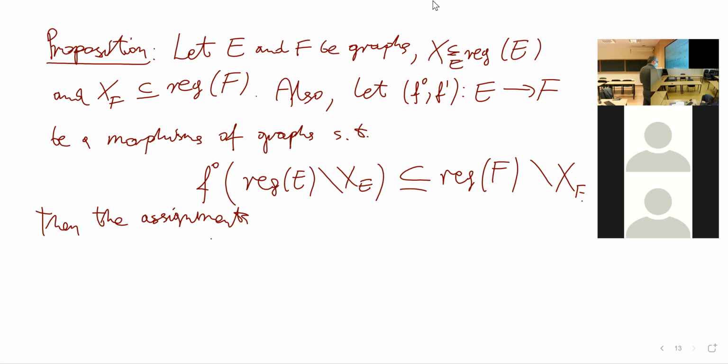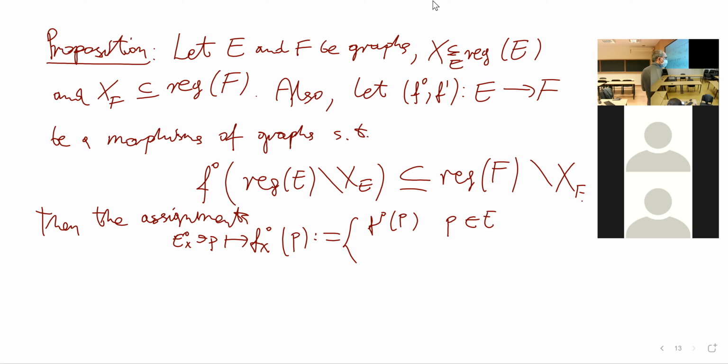I take P in E naught X, and I map it to F naught X of P, and I define it to be just F naught of P if P is in E naught, and F naught of P prime if P is in Y.